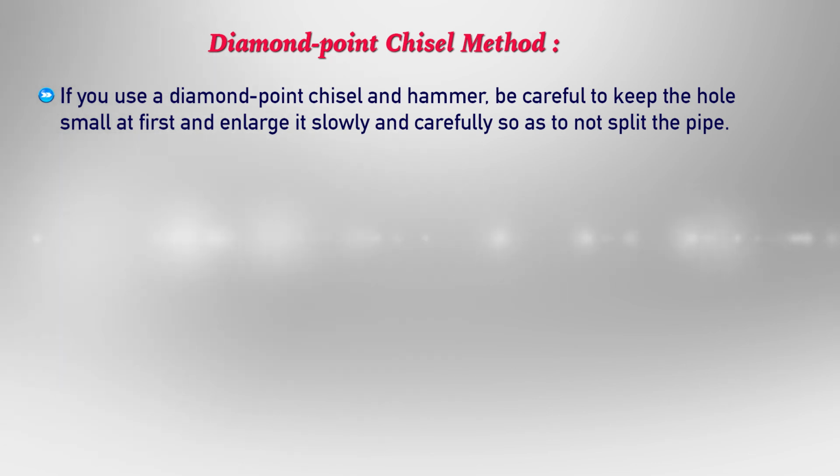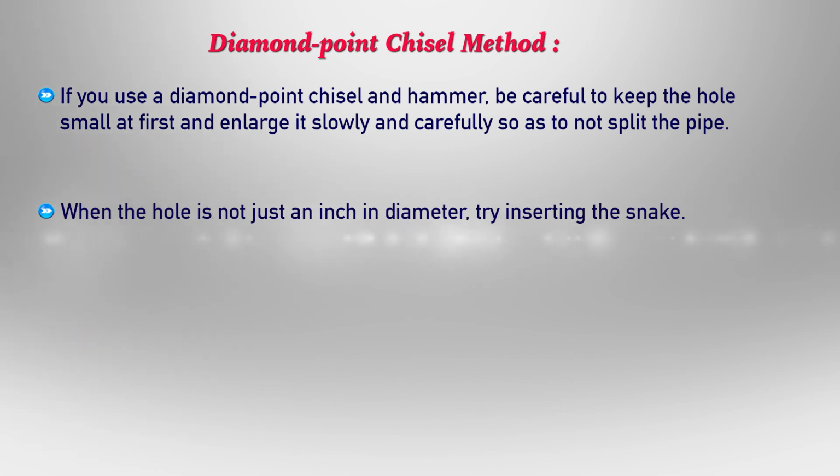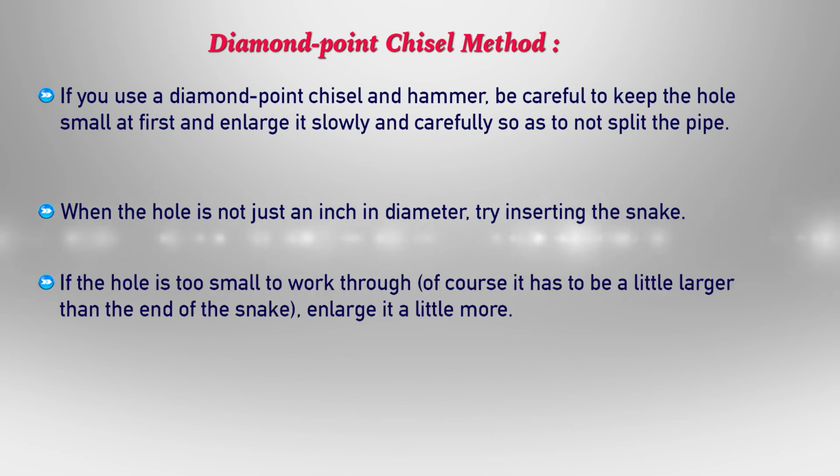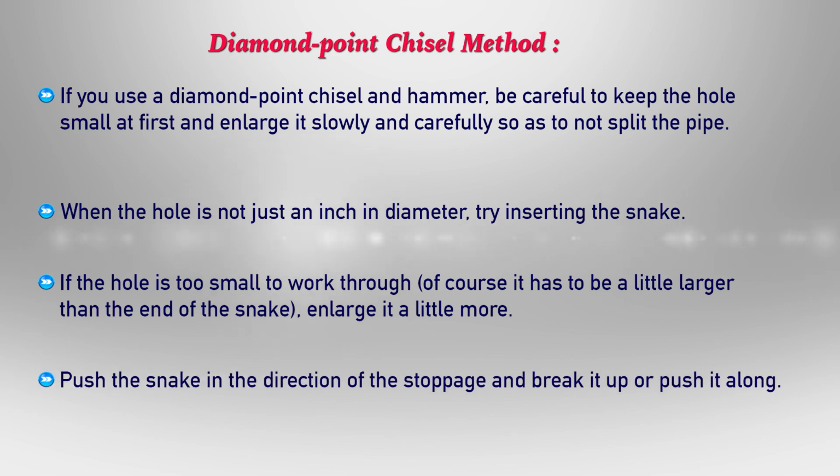Splitting of the pipe may occur if you are not careful. When the hole is just an inch in diameter, try inserting the snake. If the hole is too small to work through, enlarge it a little more, push the snake in the direction of the stoppage and break it up or push it along.